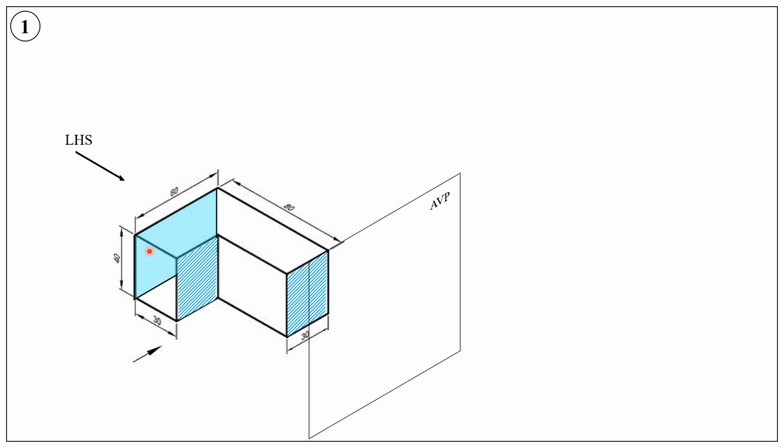To draw the left hand side view, we need to project from each and every corner point of the object projectors to meet the auxiliary vertical plane. So obviously the left hand side view is a rectangle, and that rectangle is composed of two things.